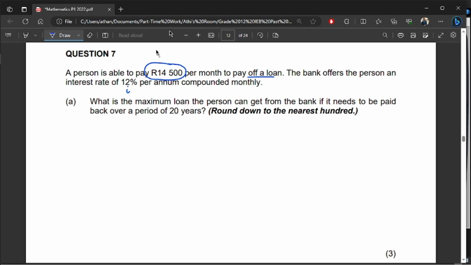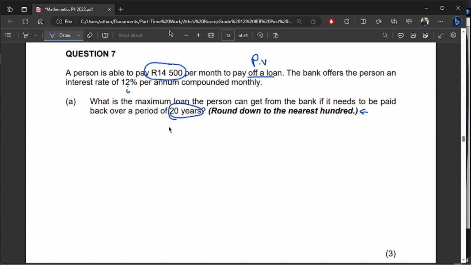Yes. The first question is, what is the maximum loan the person can get from the bank if it needs to be paid over a period of 20 years? Round down to the nearest 100. That means no decimals there. Okay. Guys, loans are present value. We have to use the present value formula.